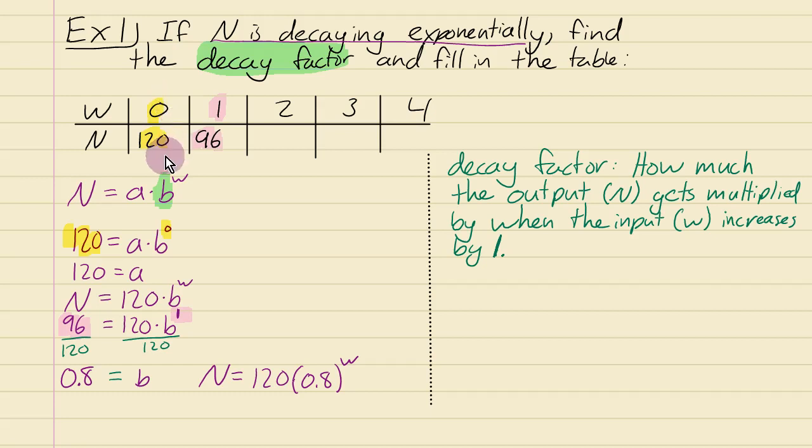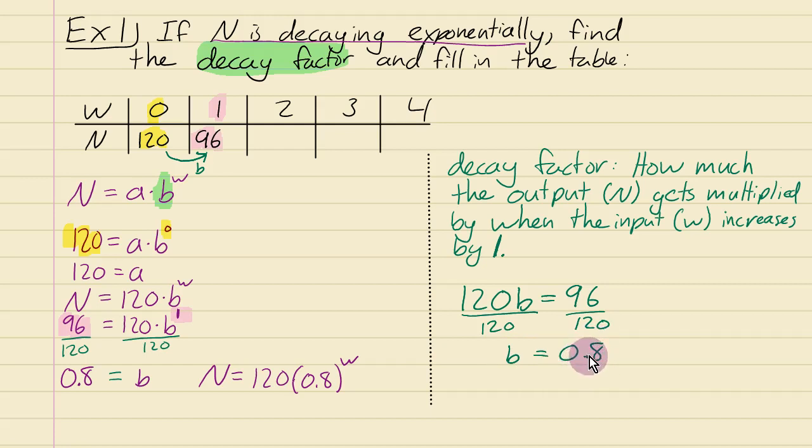When you go from w equals 0 to 1, you want to know what is the b. So we want to multiply the input 120 by that decay factor b to get the next one, which is 96. Then you could just solve that equation by dividing both sides by 120, and you still get the same thing: 96 over 120, so b equals 0.8.